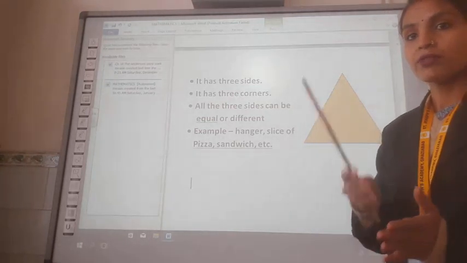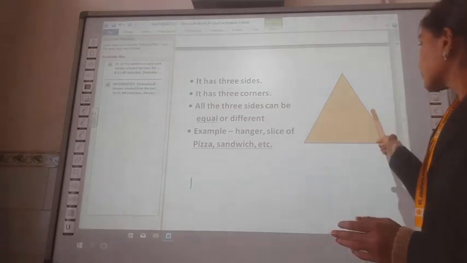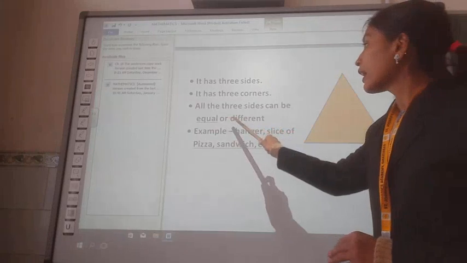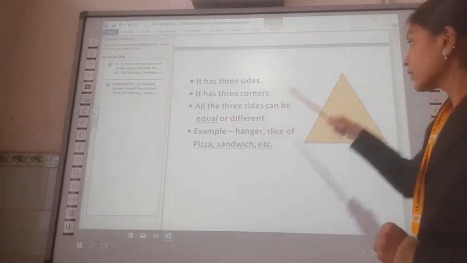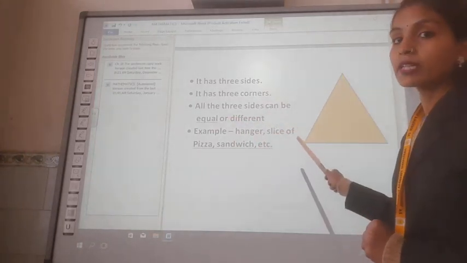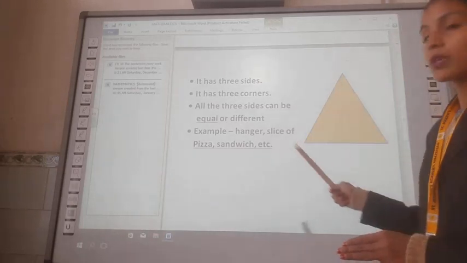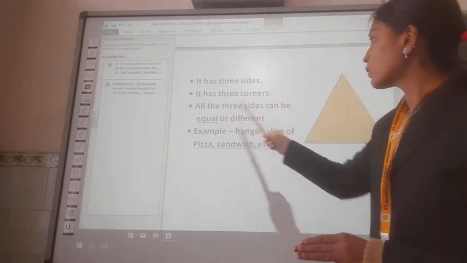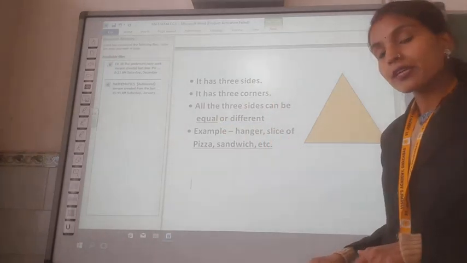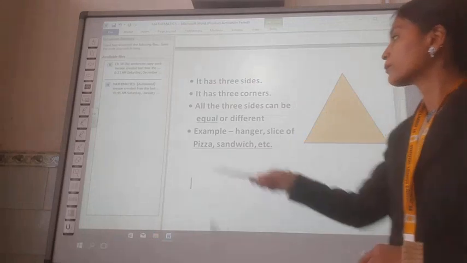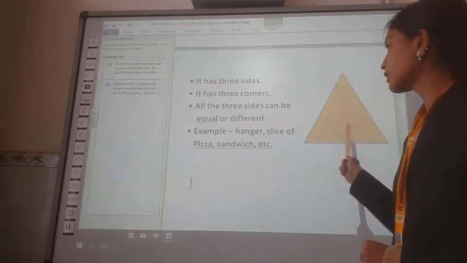For example, if this is 5, then this will be 5 and this will also be 5. And they can be different also. One side can be 7, another 5, another 3, like this. So all the sides can be equal, different, or 2 sides can be equal and the third one will be different.